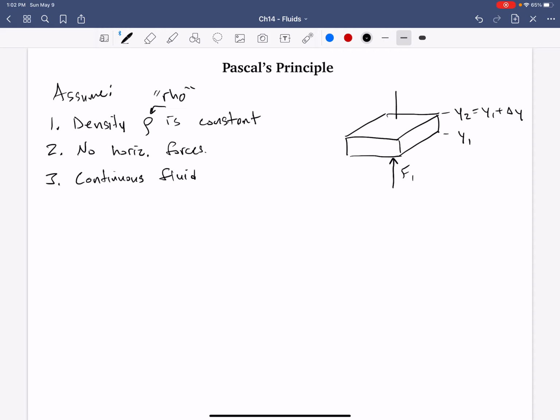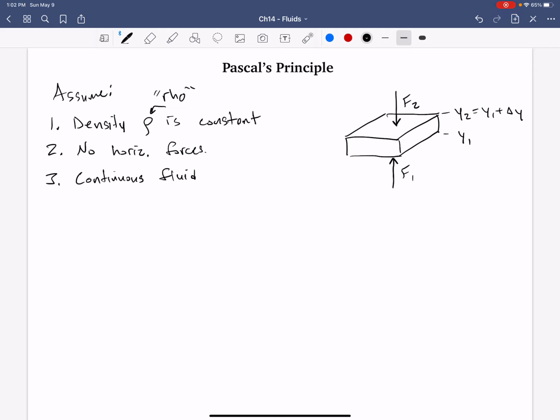There's also a force from the fluid above this volume, pushing down. You can think of this force coming from the weight of all of the fluid above. If this is air, it's the weight of all the air above this given height. Since these are actual air molecules or water molecules, actual particles, they have some mass.